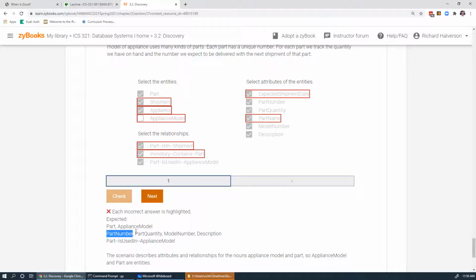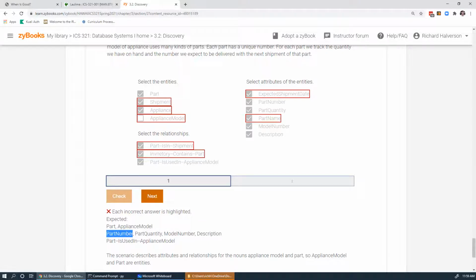And part is used in is the only, well, that makes sense then. Okay, so part and appliance models are the only entities.